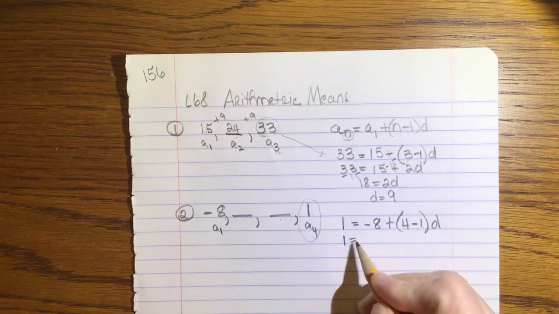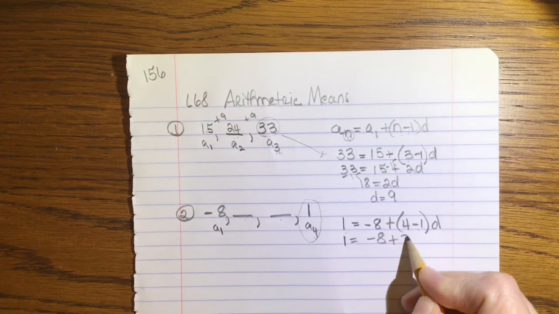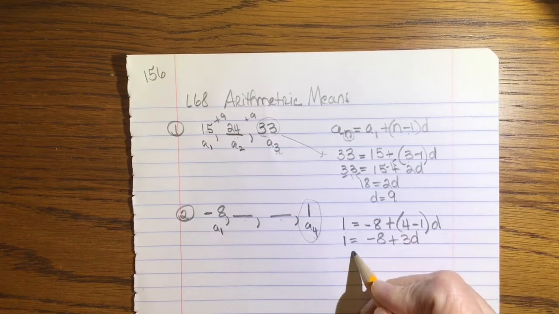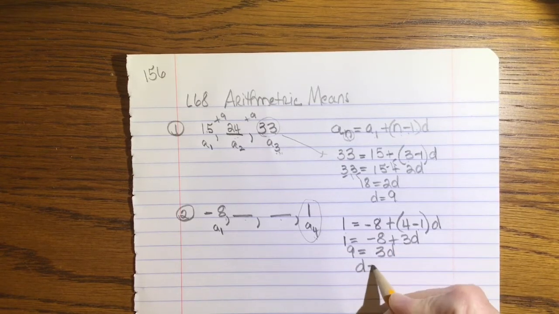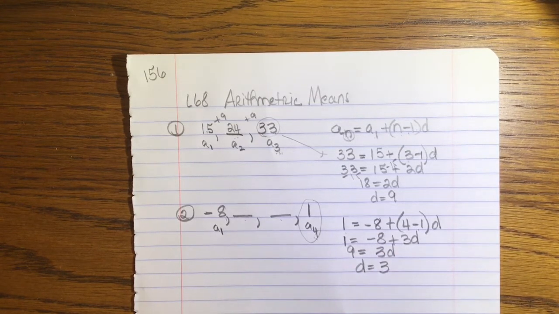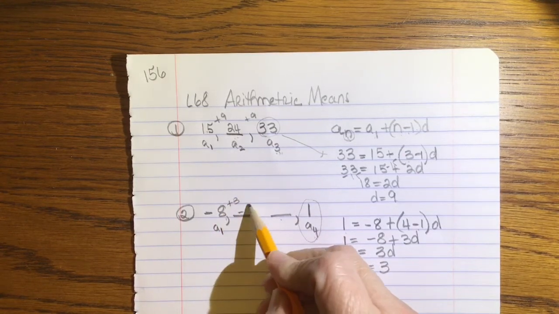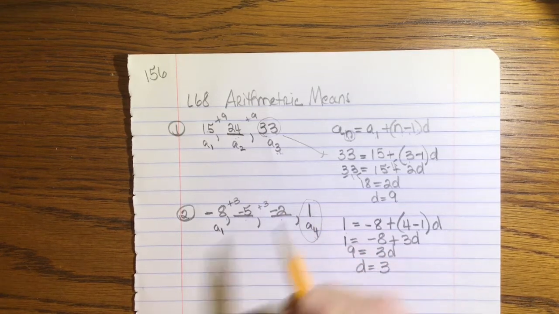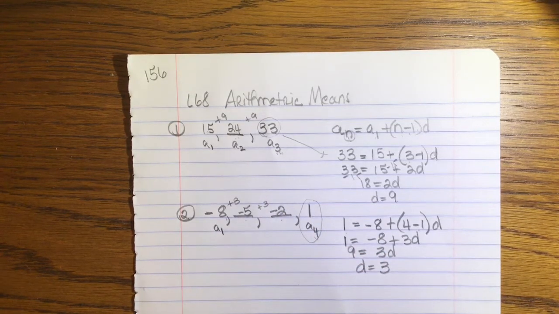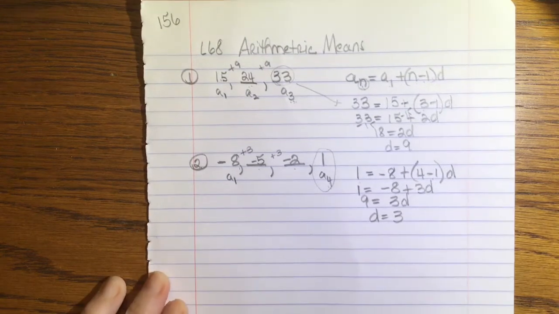Clean it up. Add the 8 and you get d is equal to 3. Now your answer is filling in the blanks. So plus 3, negative 5, plus 3, negative 2, and plus 3 is positive 1. Always check to make sure that it does add out in the end.